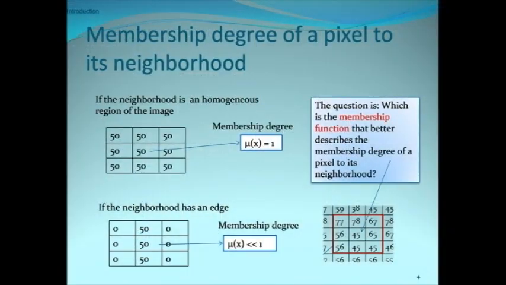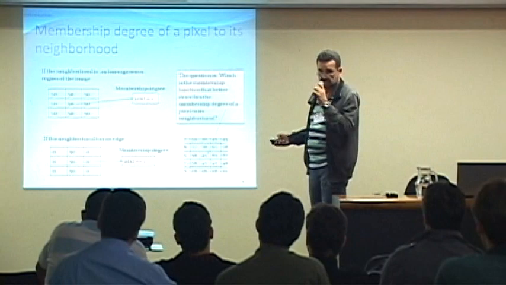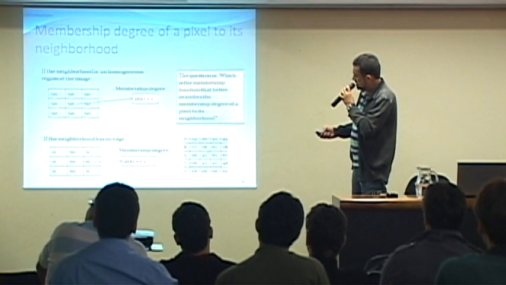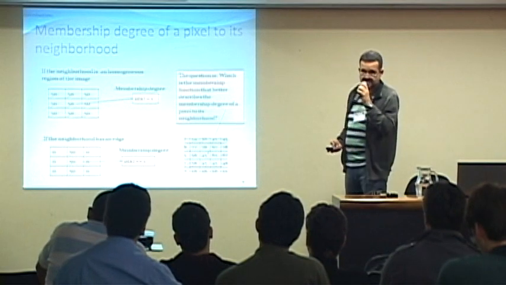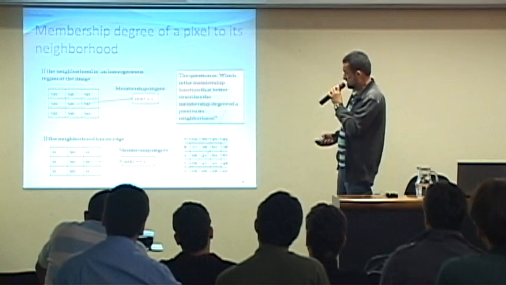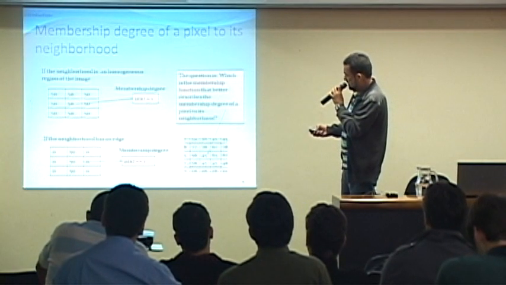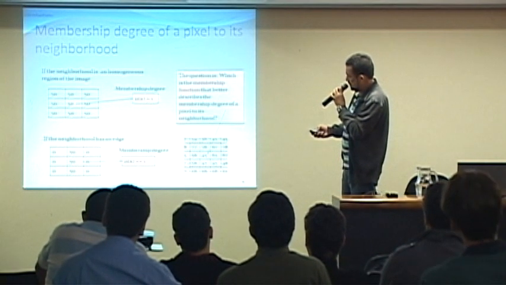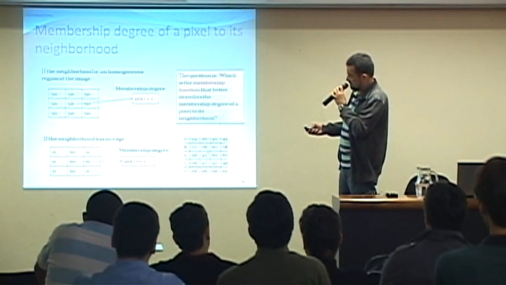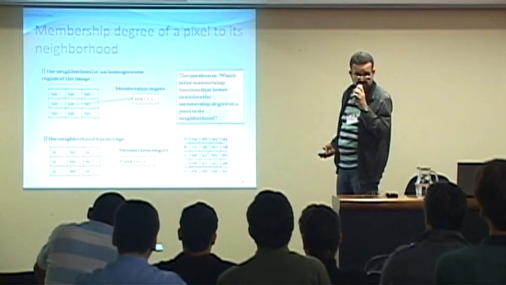For example, if you have a homogeneous region of an image, each pixel value could be considered as a fuzzy number for a fuzzy set. So the membership degree of this central pixel must be 1 if the region is homogeneous.